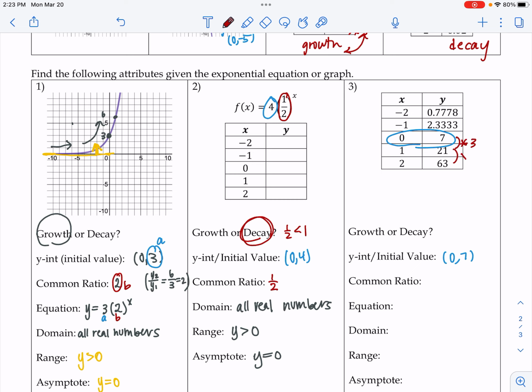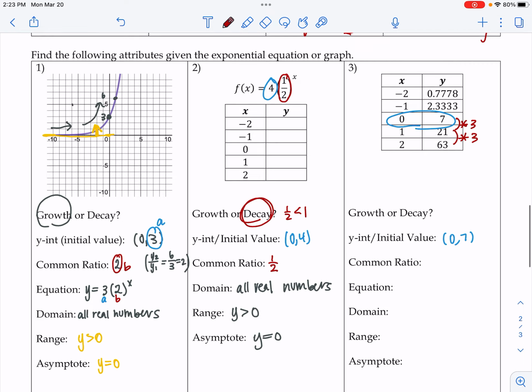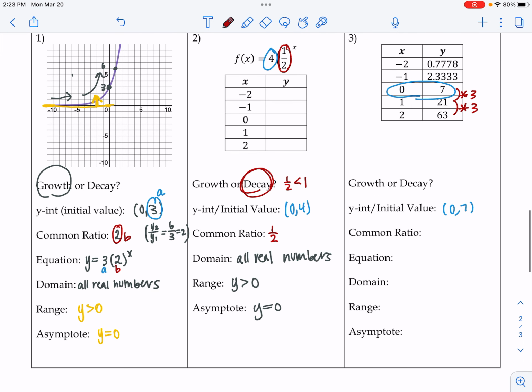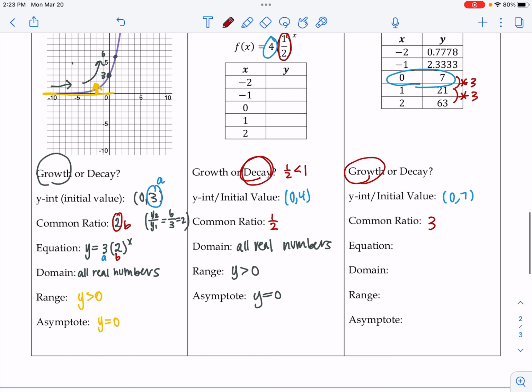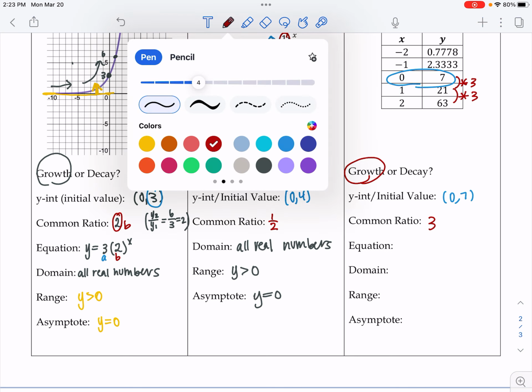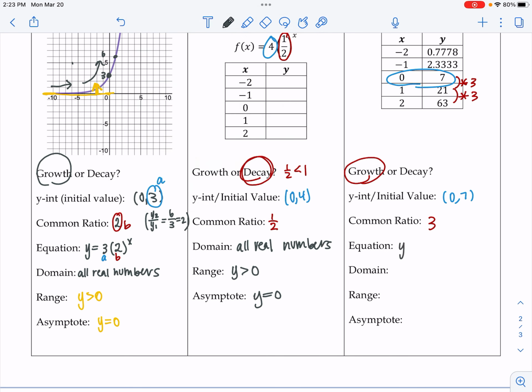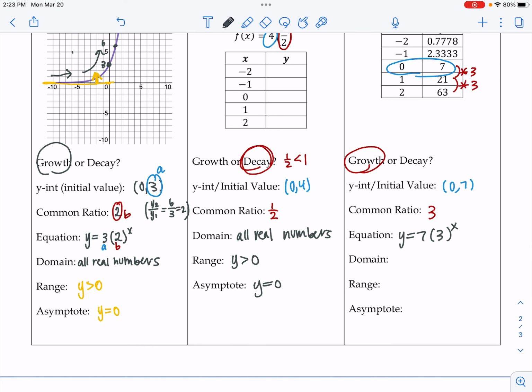And then from 21 to 63, that's also multiplying by 3. So our common ratio is 3. And so that is growth. It is getting multiplied by a number bigger than 1. And so now we have everything we need for our equation. The 7 goes here, the 3 goes here, raised to the x. Domain is all real numbers all the time.